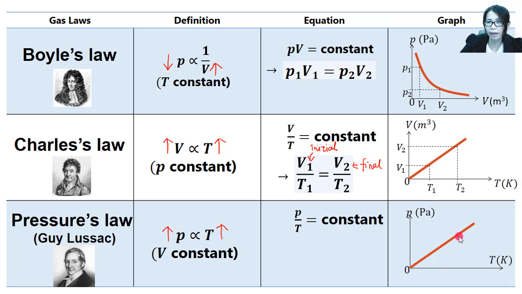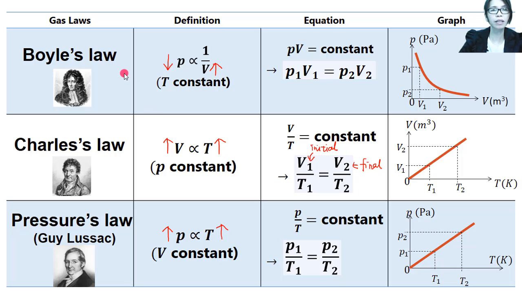We will get a greater pressure for a greater temperature. So how are we going to relate the initial condition with the final condition? We have P1 over T1, which must always equal P2 over T2. Alright, so these are the three gas laws.